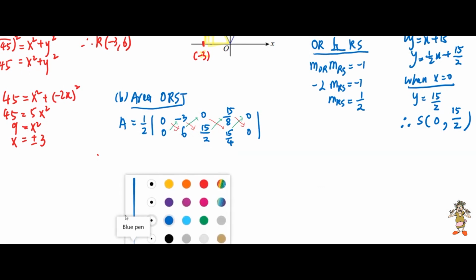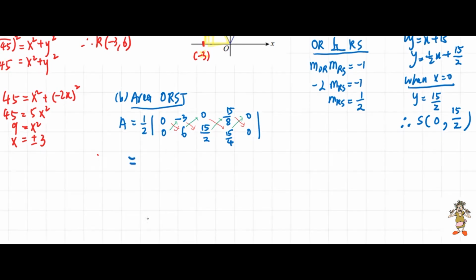So we have 1/2, 0 times 6, 0. Here, -3 times 15/2, we have -45/2.